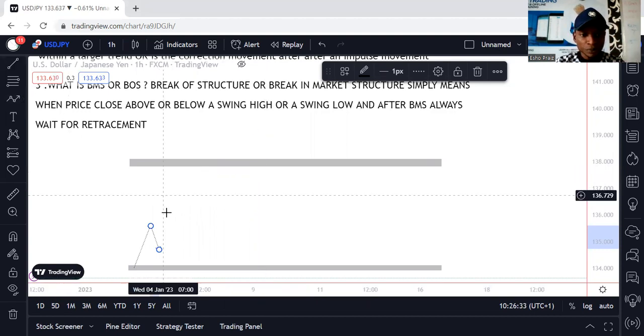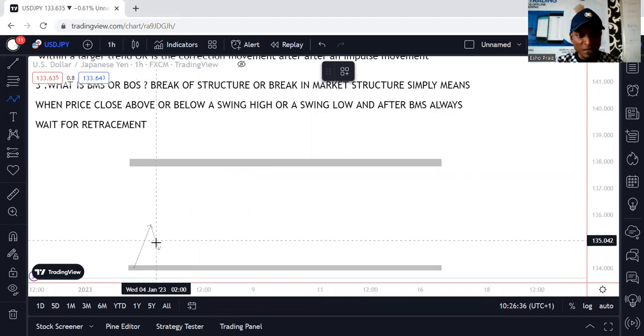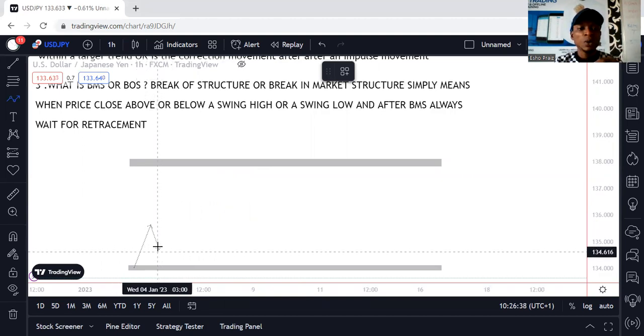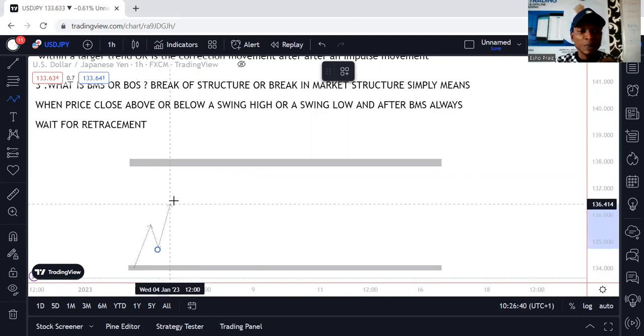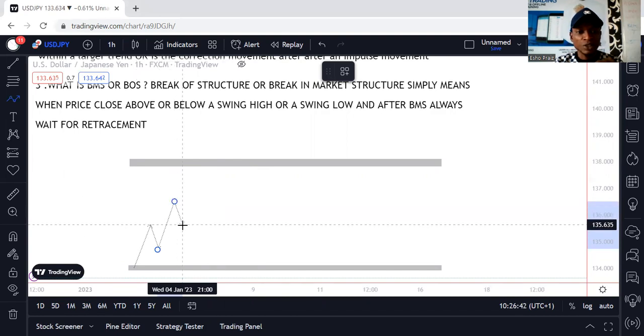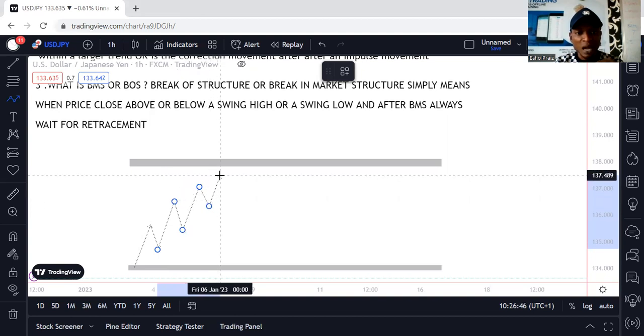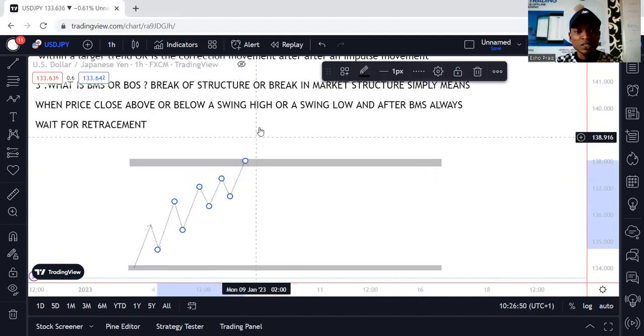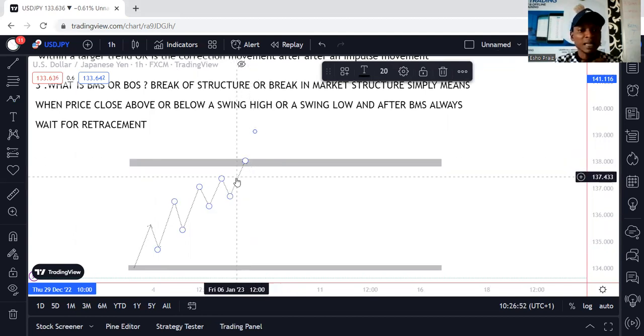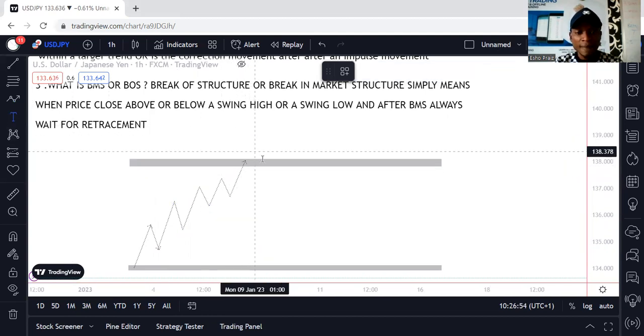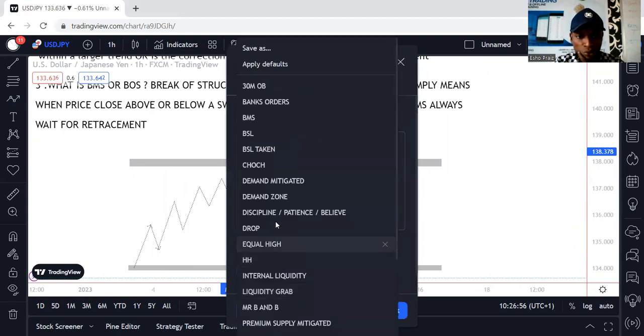So we have expansion, then we have a correction, which is the retracement. We have another expansion, then we have another retracement. We have expansion, we have retracement, we have expansion, we have retracement, and then we have expansion till the market gets to the supply zone.